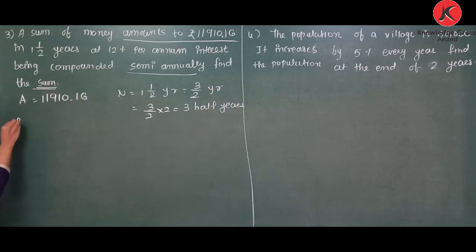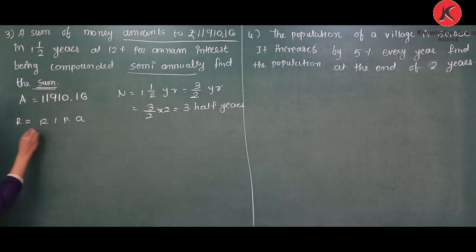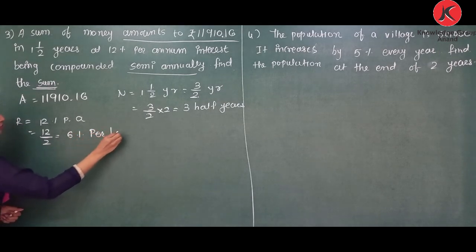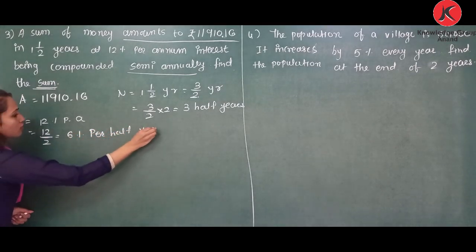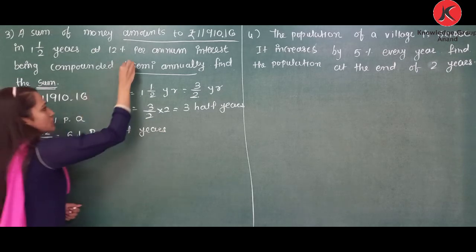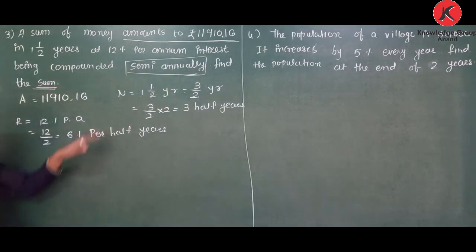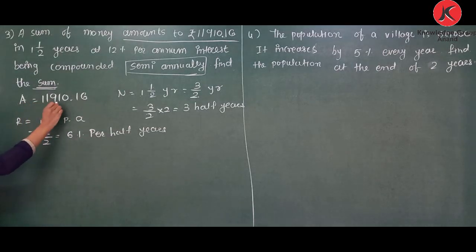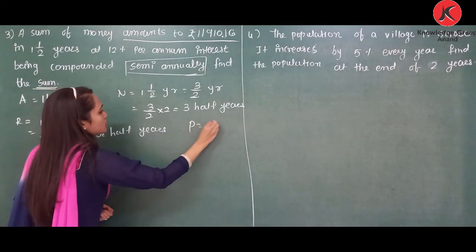Rate of interest is also divided by 2. So 12% per annum means 12 by 2, that is 6% per half year. Why are we finding this? Because it is semi-annual. So N will be 3 half years and rate of interest is 6 per half year. A is 11,910.60. We need to find the principal value.